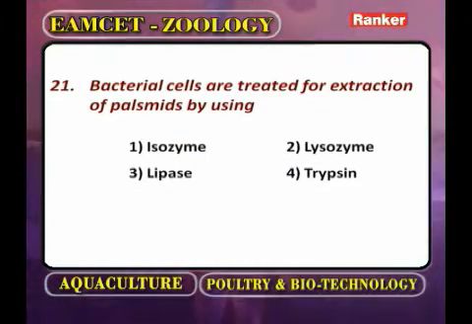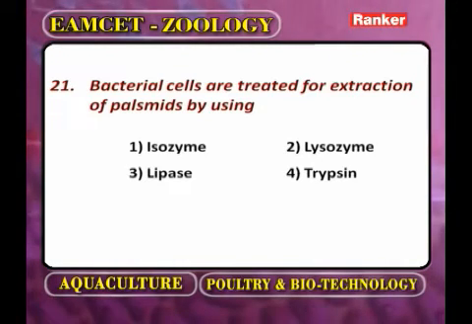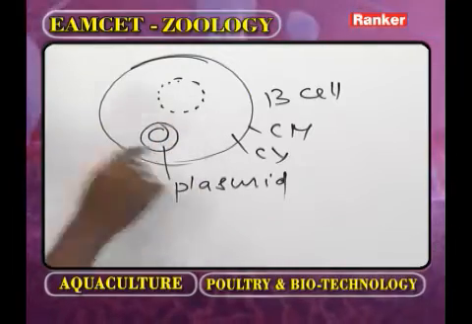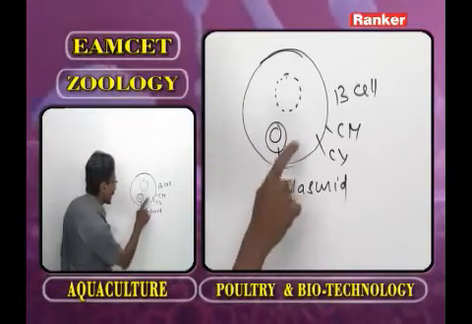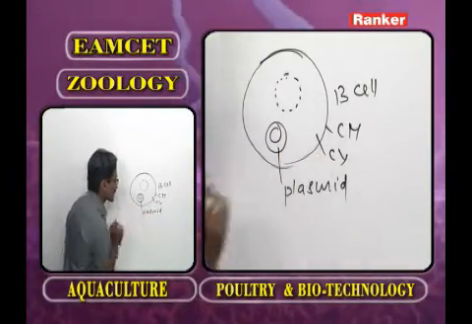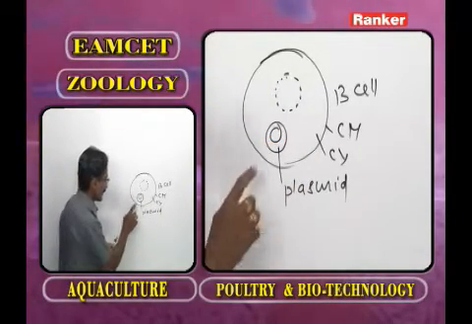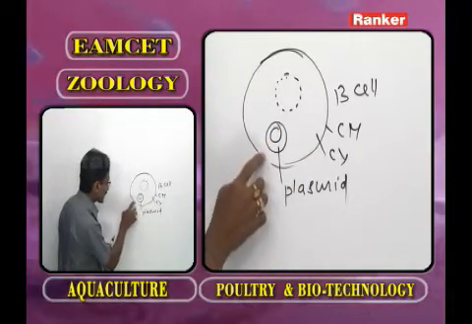Bacterial cells are treated for extraction of plasmids. Now the plasmid is present inside the bacterium cell, and around the bacterium cell is the cell membrane. How do we remove the plasmid? The bacterium cell is dissolved.